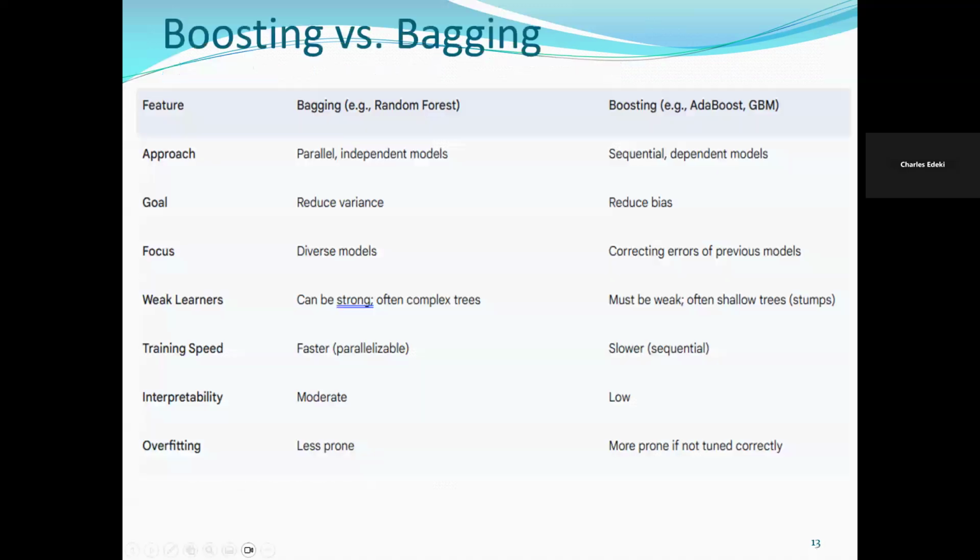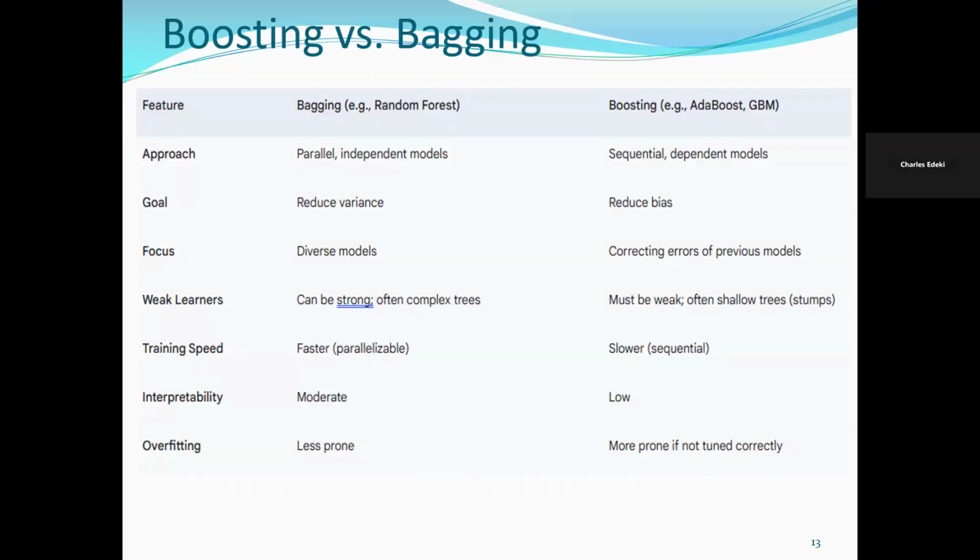Then lastly, let's compare boosting versus bagging. It's very helpful to know the difference, or to distinguish boosting from bagging, because both are powerful ensemble methods, but fundamentally there is a difference in the approach.